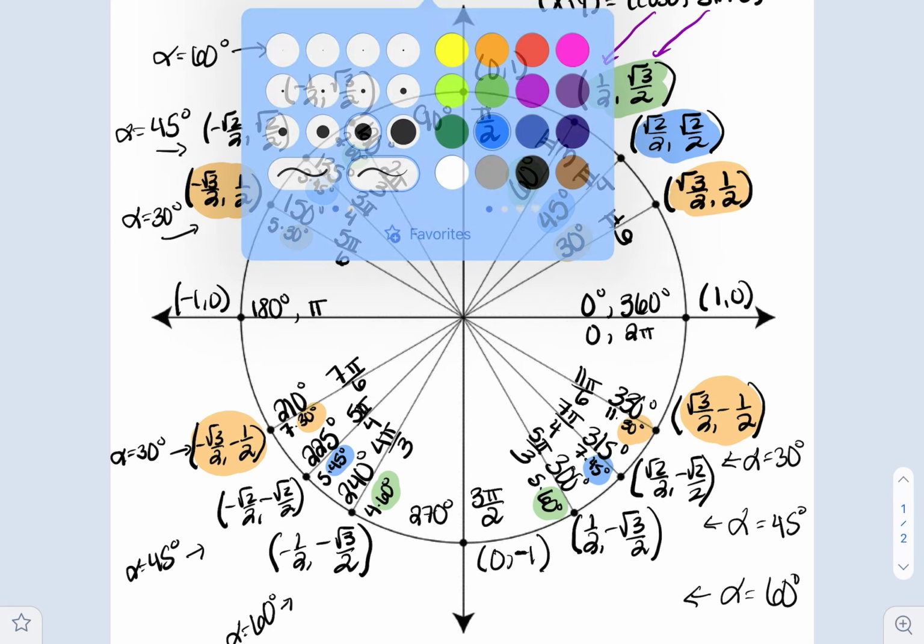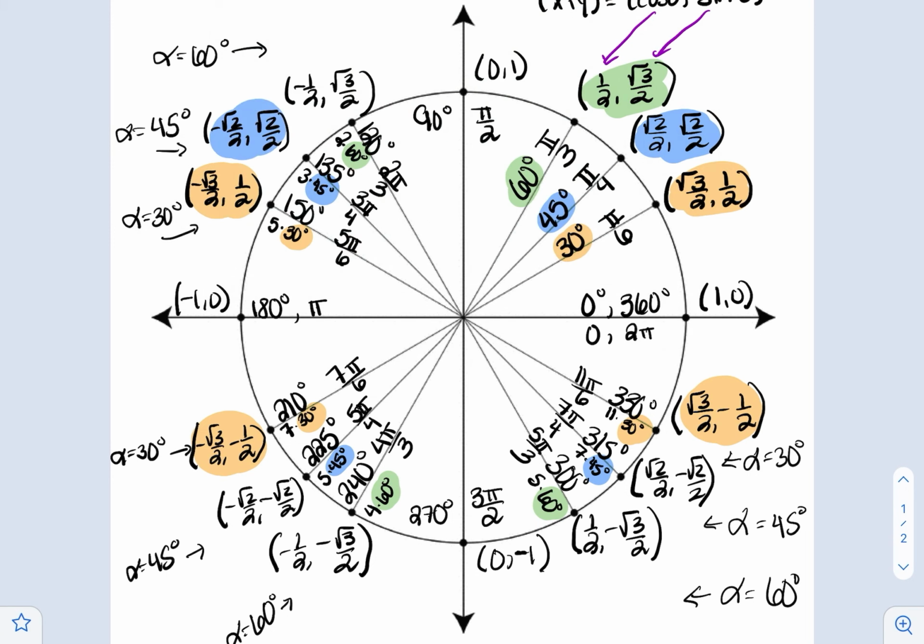Then all the ones that have a reference angle of 45, all the angles right in the middle of every quadrant, 45, 135, 225, 315, are all going to be radical 2 over 2, radical 2 over 2, differing by plus or minus. The radians will all have a denominator of 4 because they come from pi over 4.